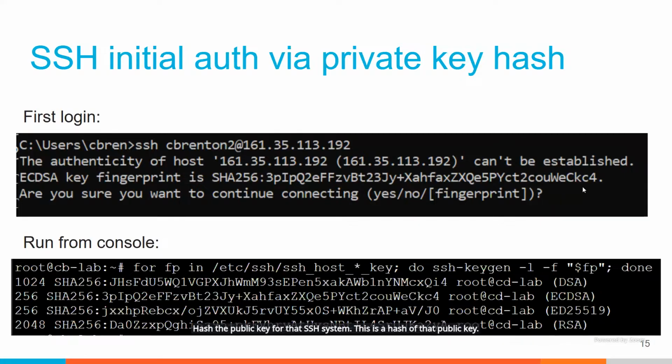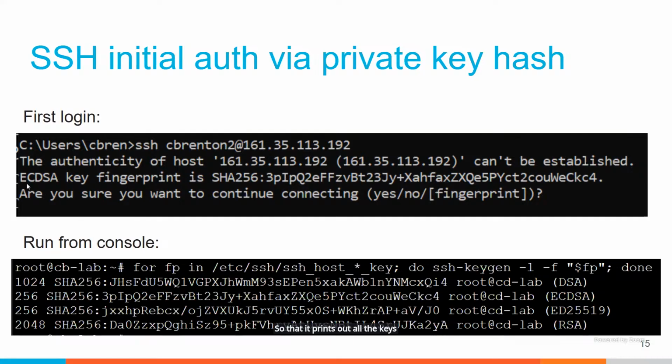So what's happening here is we're basically being told, hey, this is the hash of the public key of the server you're trying to connect to. I'm leaving it to you, the human, to verify if this is okay. What's supposed to happen is we contact the admin and say, hey, admin, do me a favor, run something like this so that it prints out all the keys.